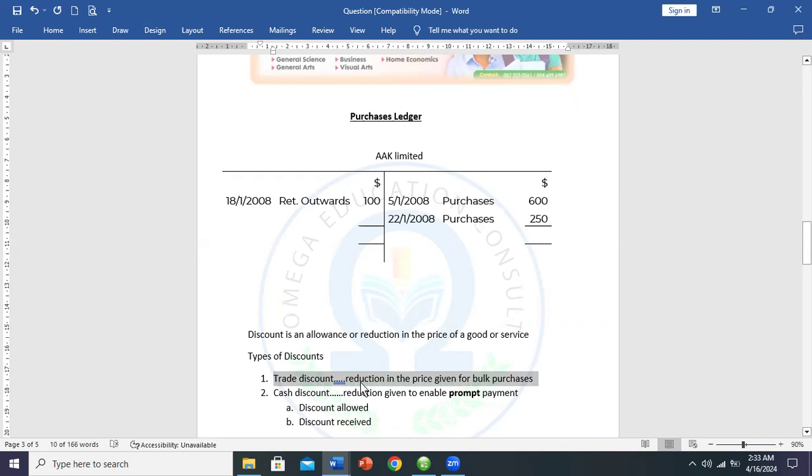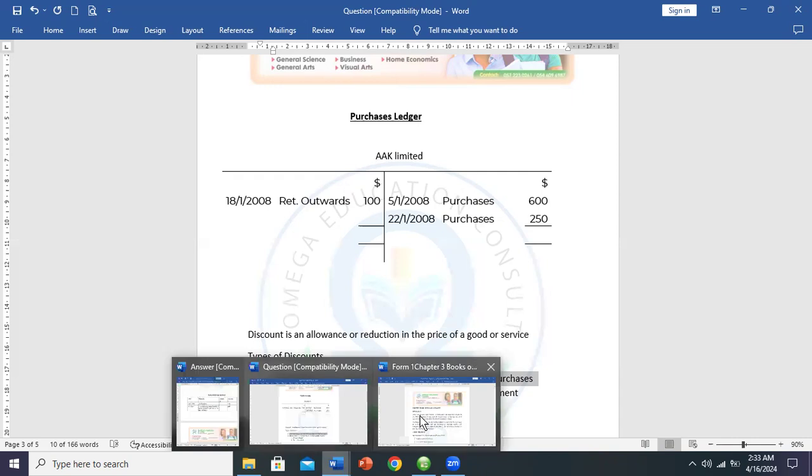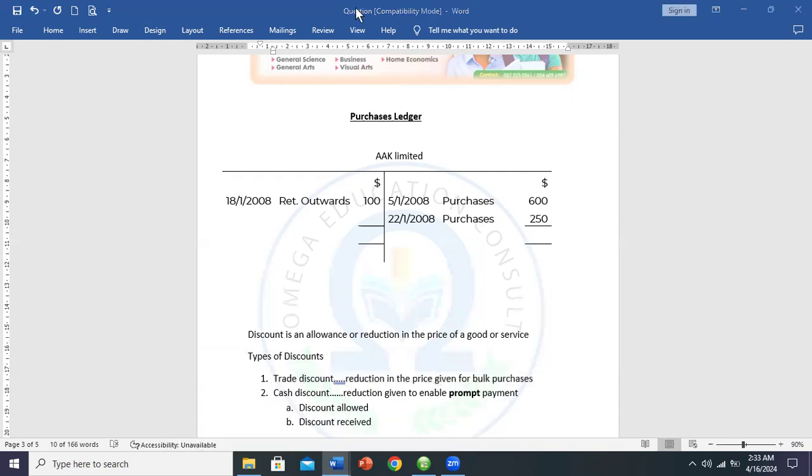You would reduce or deduct it from the price, and we'll solve an example together, so don't worry. But one important thing I want you to take note of, and I want you to read that yourselves in the notes so that at least you would appreciate what I want to communicate to you.